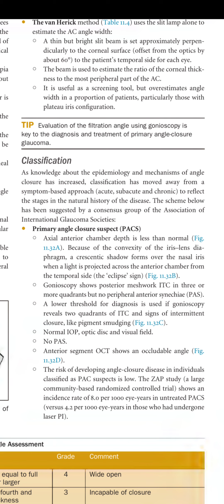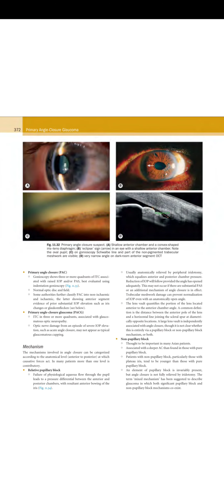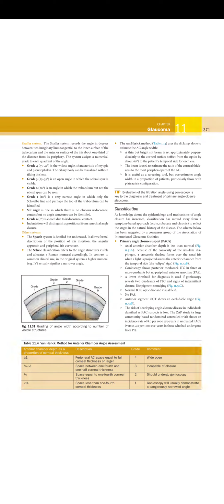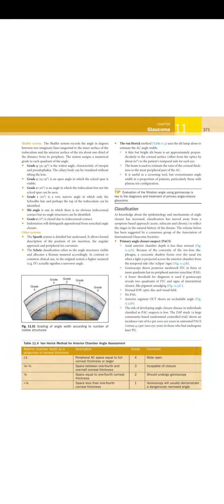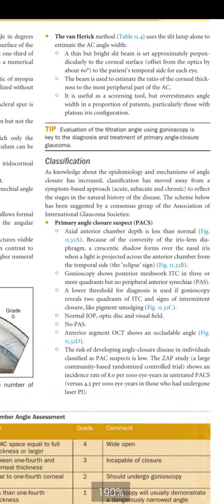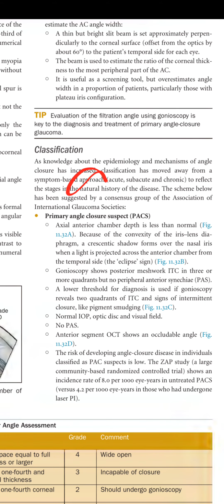So basically, you divide on the basis of the presentation: primary angle closure suspect, primary angle closure, and primary angle closure glaucoma. Basically, the difference between them is that in the primary angle closure suspect, you will see the angle narrowing on gonioscopy.